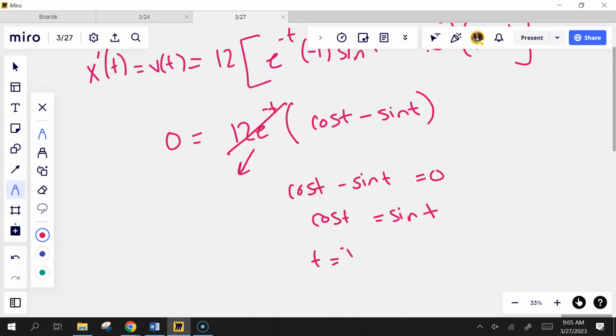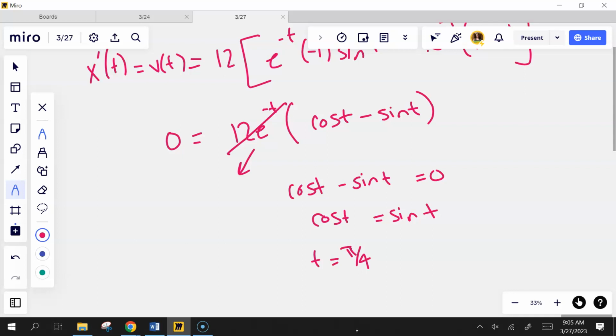So t equals pi over 4, which is A. That's the first time on the unit circle that they actually equal each other. That one looked a lot worse than it was. But we're definitely getting into the heavy hitters now because we're almost to the 20s.